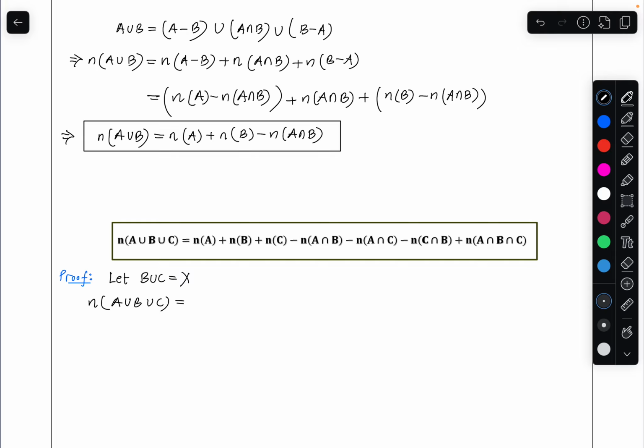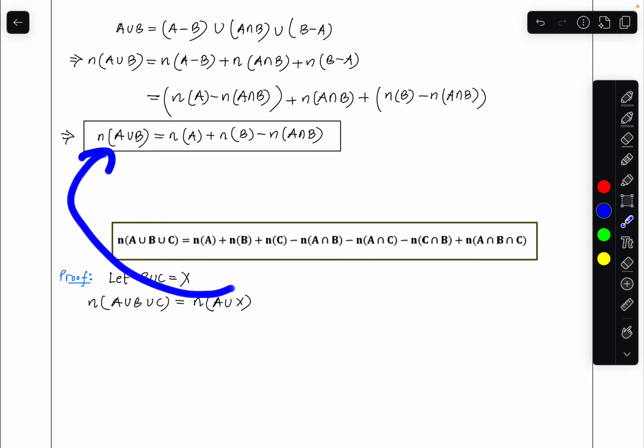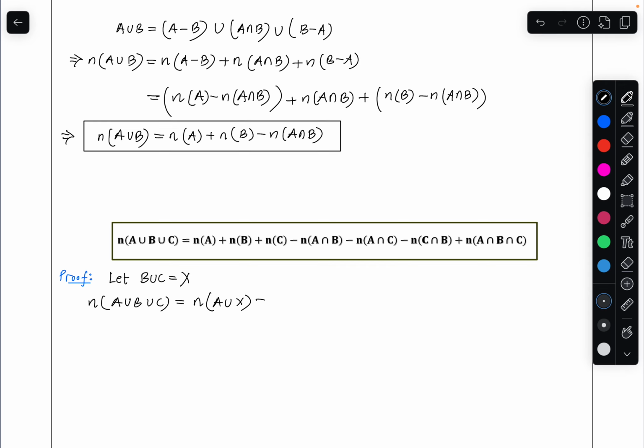So the number of elements in the union A union B union C would be equal to the number of elements in A union X. As soon as I write A union X, I come back here. I can use this last result I wrote. That would be number of elements in A plus number of elements in X minus number of elements in the intersection.